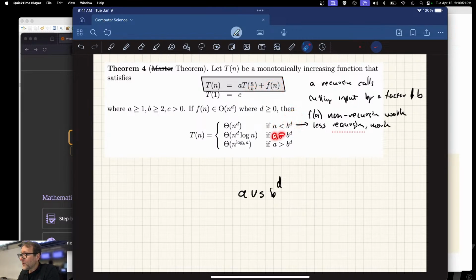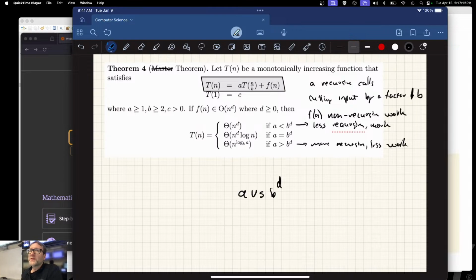If A is equal to B to the D, then you're saying that you're doing an equal amount of recursion and non-recursion work. This says that you're doing more recursion, less work. Right? That's the intuition behind it.